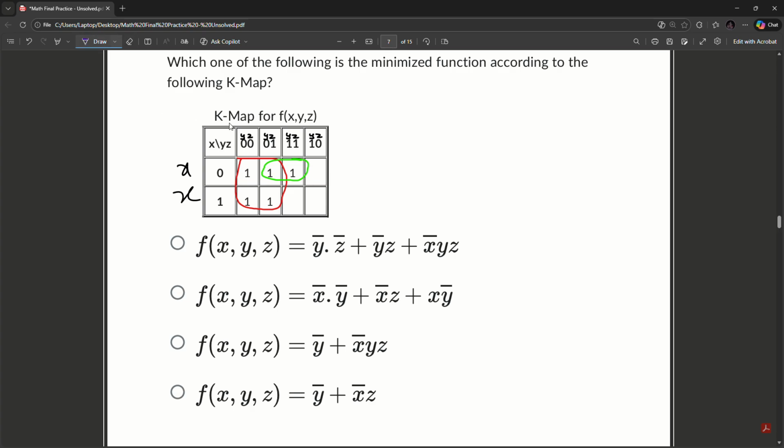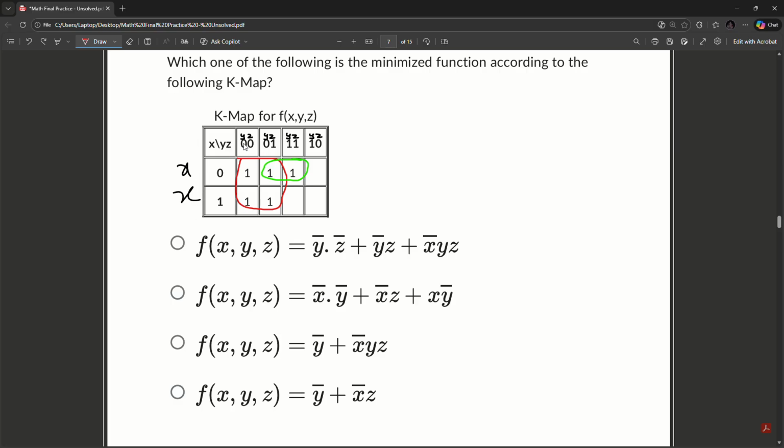So now, as you can see here, we'll take care of this big red box first. All you have to do is find what's common, and then that's the answer. So look for a common pattern. If x is 0, it gives an output of 1. If x is 1, it still gives an output of 1. That means x is not the answer.